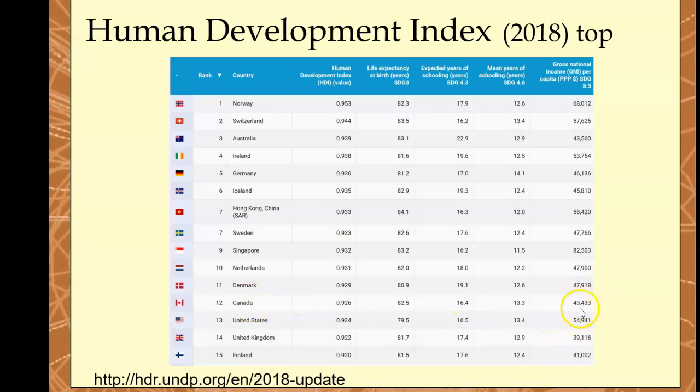Canada had a lower per capita GDP, but they had a higher HDI score because Canada scored higher in terms of life expectancy, a little bit lower in education, but overall they had a higher HDI.